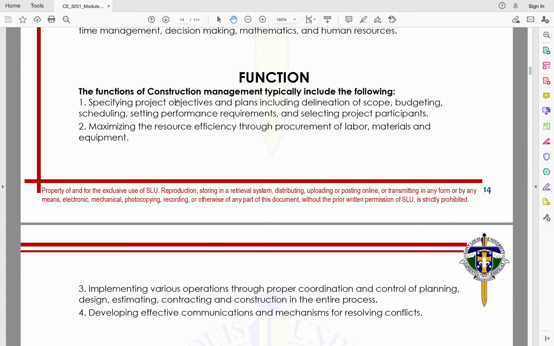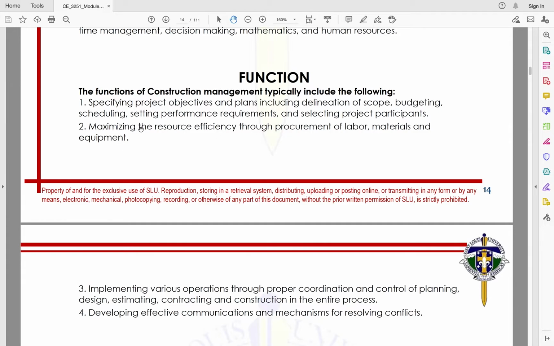So you need to determine what are your objectives and the plans. It includes the scope of work, budgeting, and scheduling of different resources, setting performance requirements, what needs to be done, and who are the ones that we are assigning to do the work.